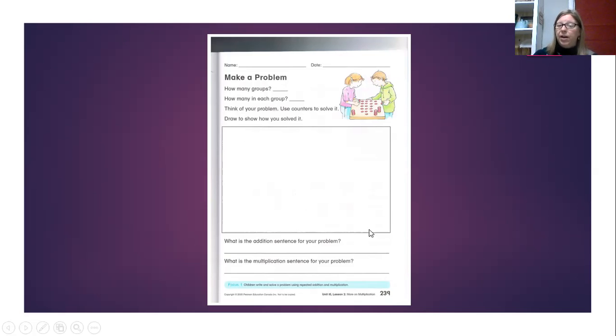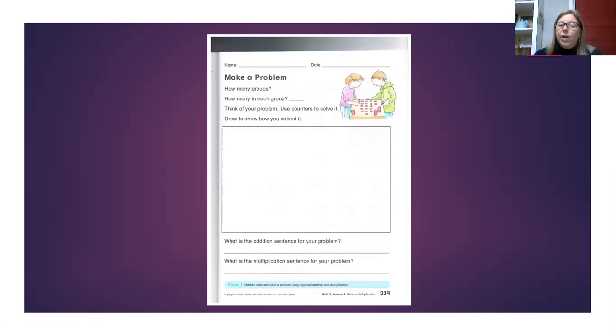So in this box, you would draw a simplified picture of what you just did with your collection by showing that there are a certain number of groups. Make sure there is clear space between each of your drawings of each group, and that there are a certain number in each group.